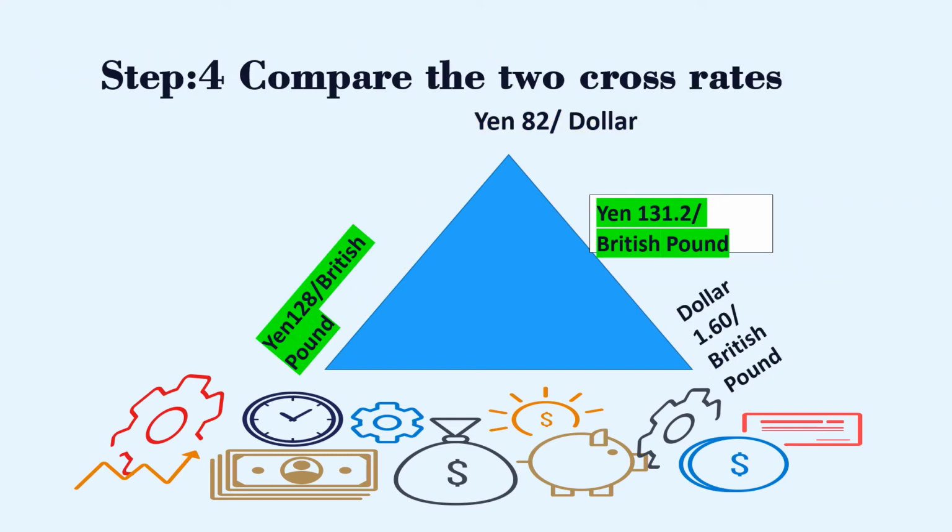Now in step 4, we will compare the two cross rates. As we have already discussed, we always prefer a quotation of lower value. Here we can see that there are two quotations.